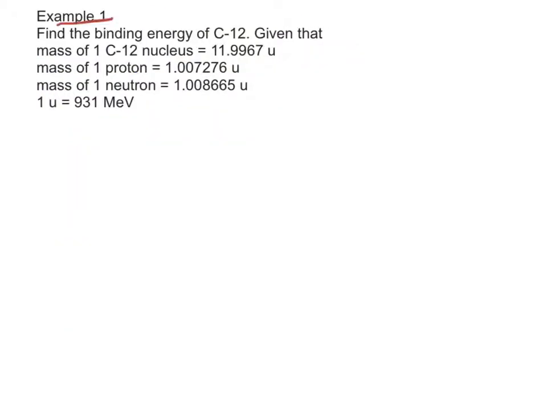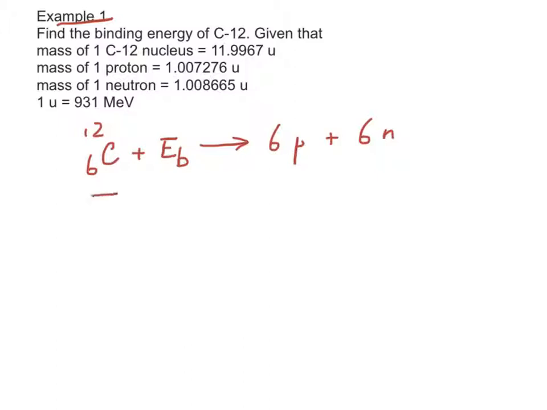Example 1. For carbon-12, the binding energy EB needed to separate carbon into 6 protons and 6 neutrons.